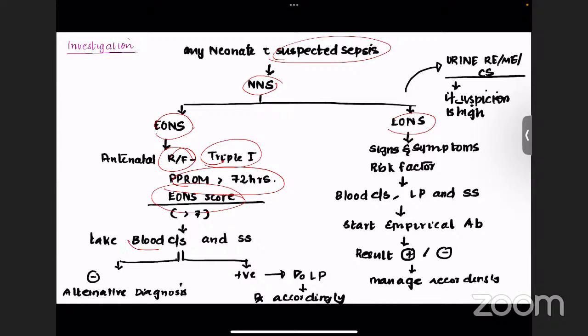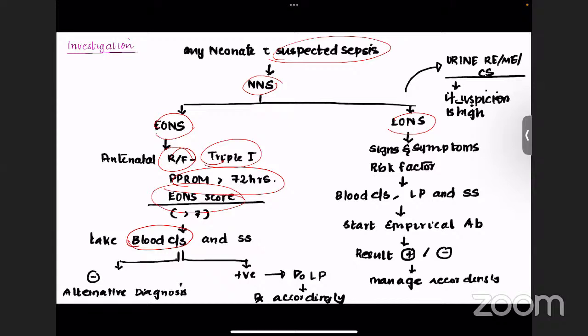Then you have to take a blood culture. The standard guideline in books says do a sepsis screen, and if that becomes positive, then do a blood culture. No. Before starting the first dose of antibiotic, whenever you prick the child for taking blood or for securing an IV line or gelco, take about 1 ml of sterile blood for blood culture.